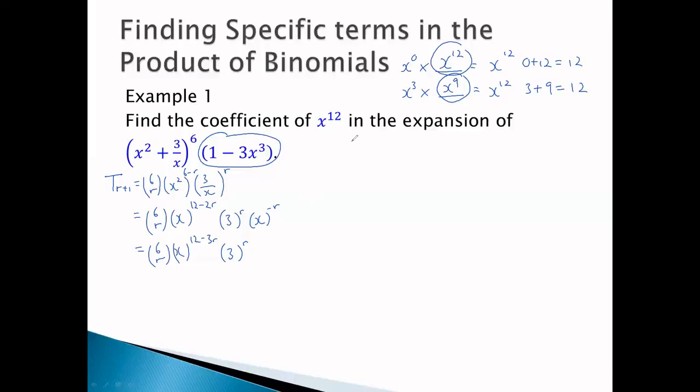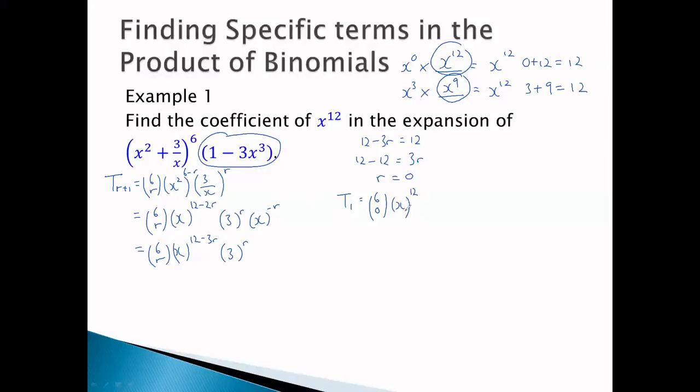So let's try to get our x to the power 12 term. I want my x to be power 12 and therefore my 12 minus 3r will equal 12. 3r equals 12 minus 12 equals 0. So r equals 0. Nothing strange, okay? Now if I use r equals 0, 0 plus 1, I'm finding my term 1. 6 choose 0, x to the power 12 minus 0 is 12, which is what I want, right?